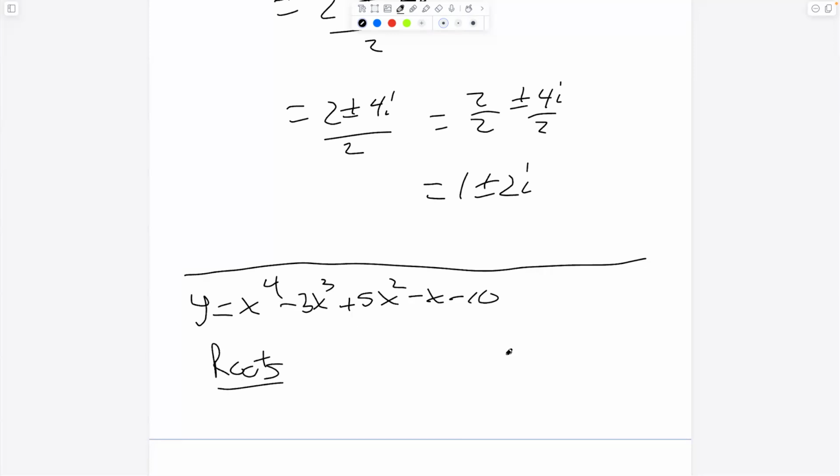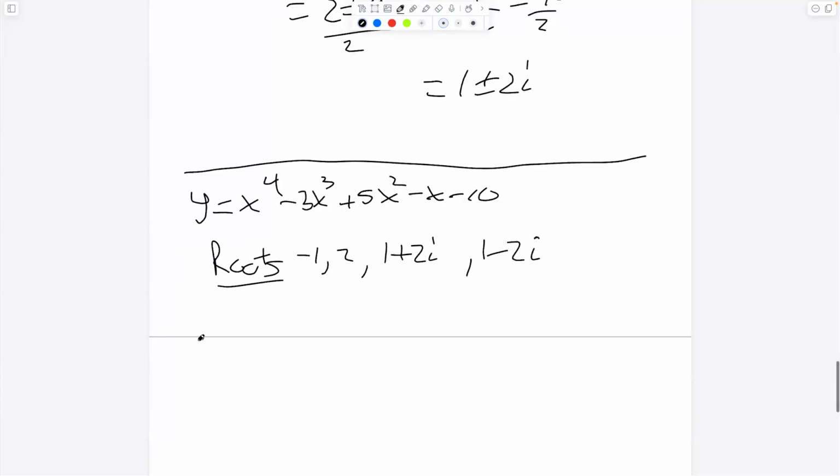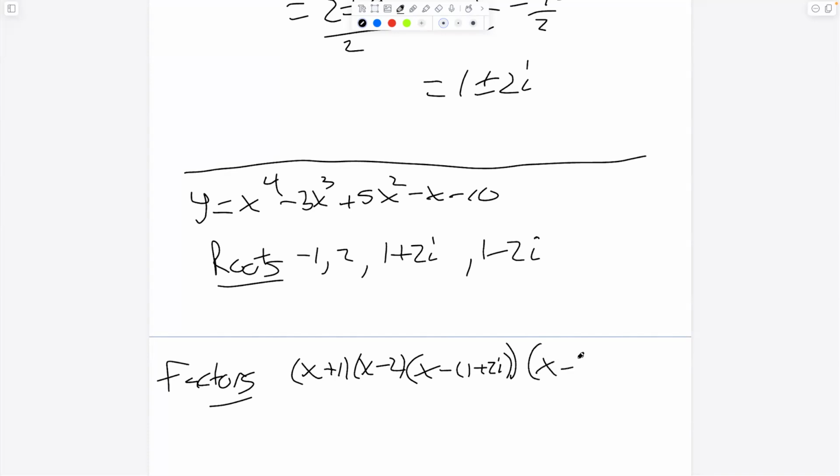He's a 4th degree polynomial, guaranteed to have 4 roots, guaranteed to have 4 factors. His roots were -1, 2, 1 plus 2i, 1 minus 2i. Make that look more like an i. His factors. It's always x minus the root. So x plus 1, x minus 2, x minus, and I want to put this in parentheses, 1 plus 2i, and then x minus 1 minus 2i.